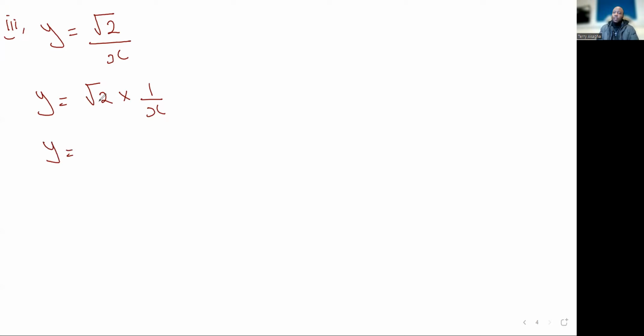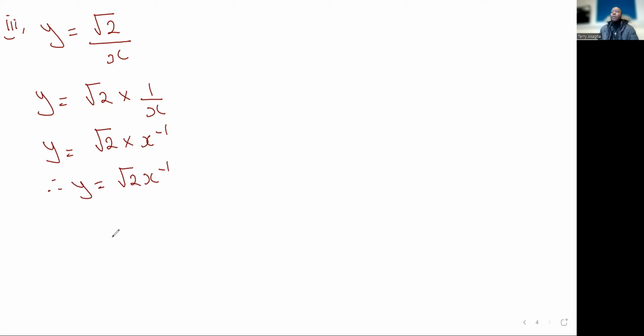Remember in laws of indices, I told you that you can rewrite this 1 over x as x raised to the power minus 1, all right? So that will give you square root of 2 multiplied by x raised to the power minus 1. And therefore, y will be equal to square root of 2 x to the minus 1.